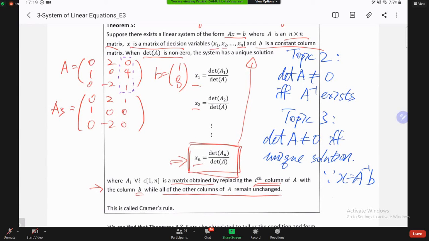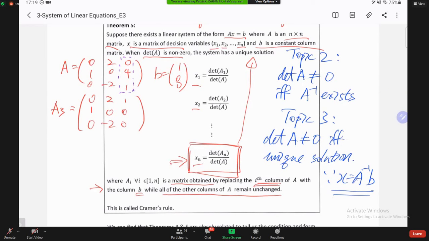And when we further extend the concept to the solution of the system, by using Gaussian elimination, we can see that X equals A inverse times B. So if A inverse exists, of course A inverse times B exists and is unique, right?